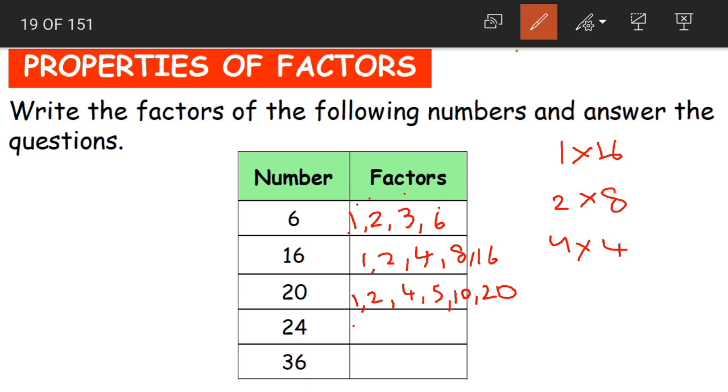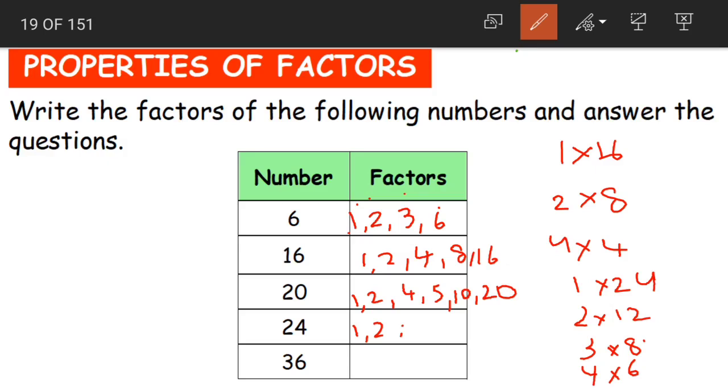When it comes to 24, we have 1 24 is 24, 2 12s are 24, 3 8s are 24, 4 6s are 24. Yes, 4 6s are 24 and then it does not come in the 5 table.